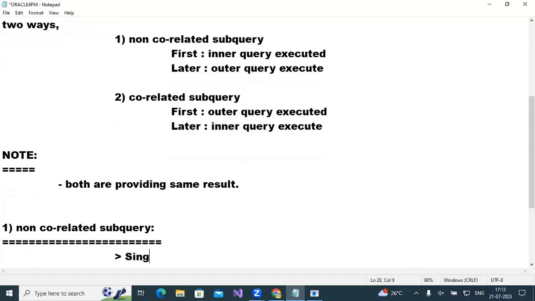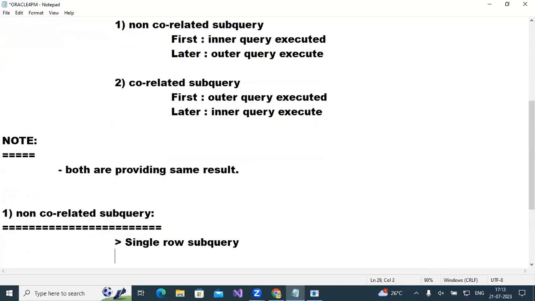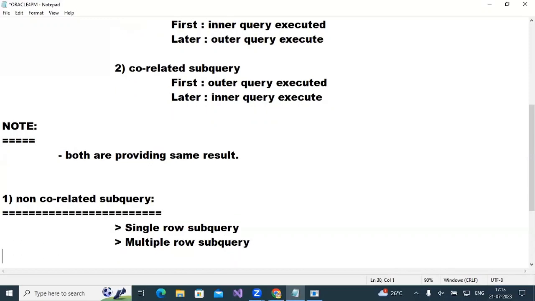First one is called a single row subquery. Second one we call a multiple row subquery. Third one we call a multiple column subquery.